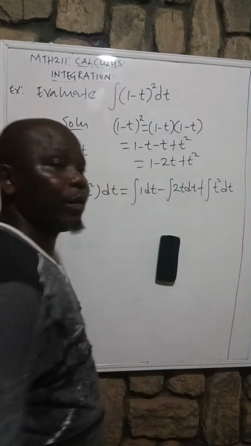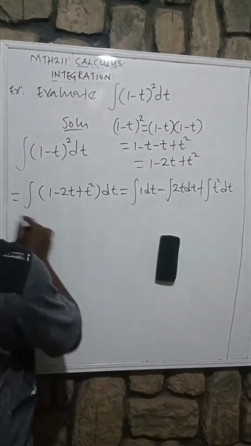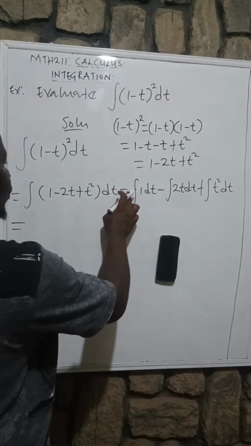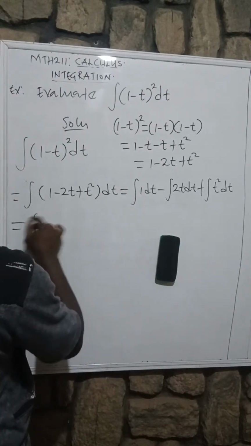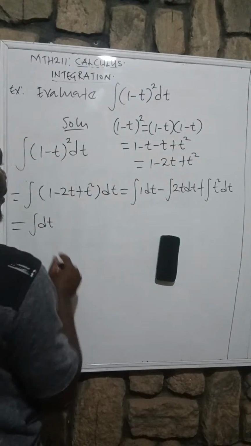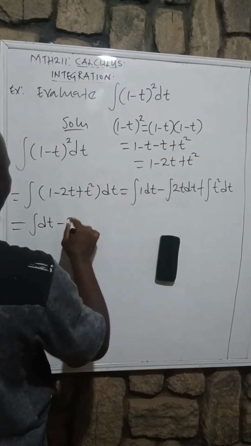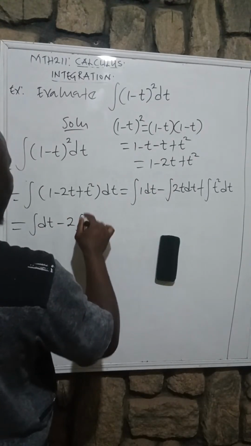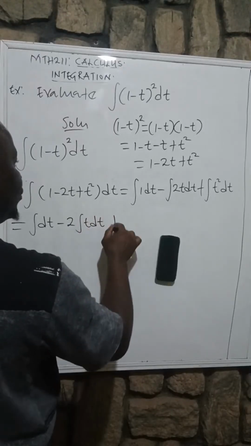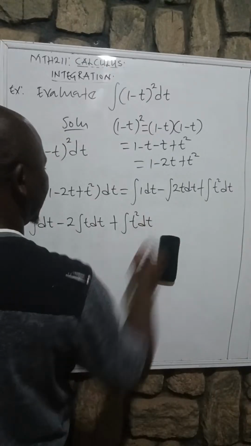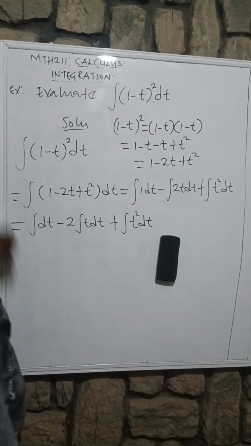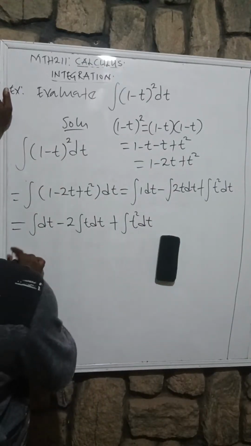True or false? So this is the same thing. I will factor out 1, so even if you do not write 1, it's the same thing. Integral dt, then minus, factor out 2, integral t dt, plus integral t squared dt. Right? So far so good.